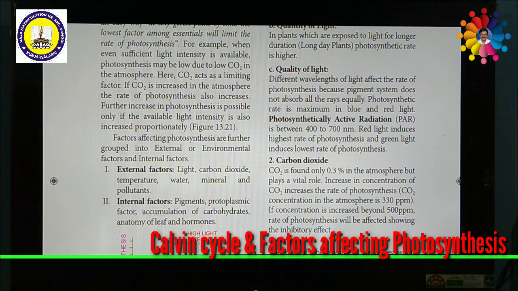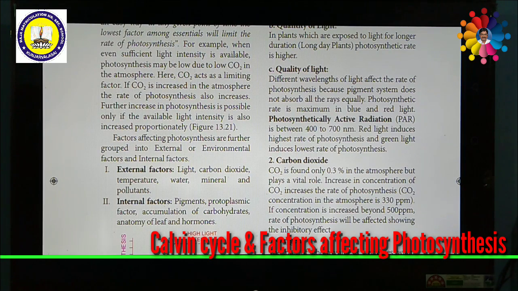But this is not applicable for all plants. The ideal temperature for a plant like Opuntia is 55 degrees. Lichen is around 20 degrees Celsius, and algae growing in hot springs photosynthesize at around 75 degrees Celsius. So depending upon the requirement of the plant, variations of temperature are required.